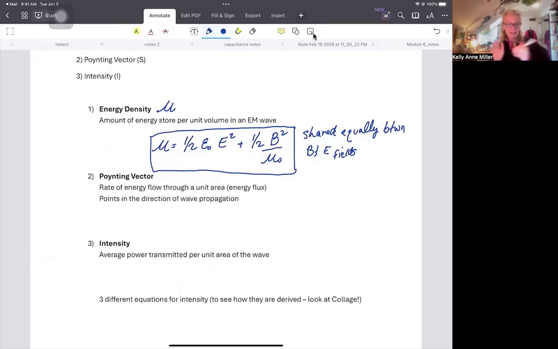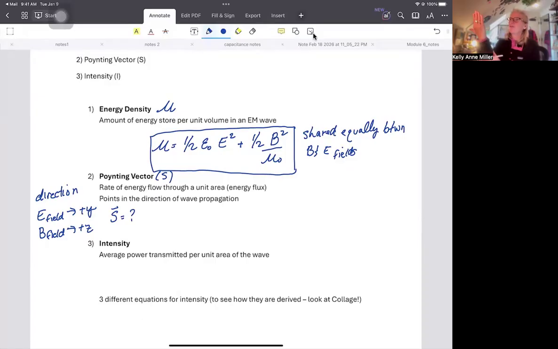So in terms of its direction, let's say you have an E field pointing in the positive y, and a B field pointing in the positive z. The symbol for the Poynting vector is capital S. What is its direction?